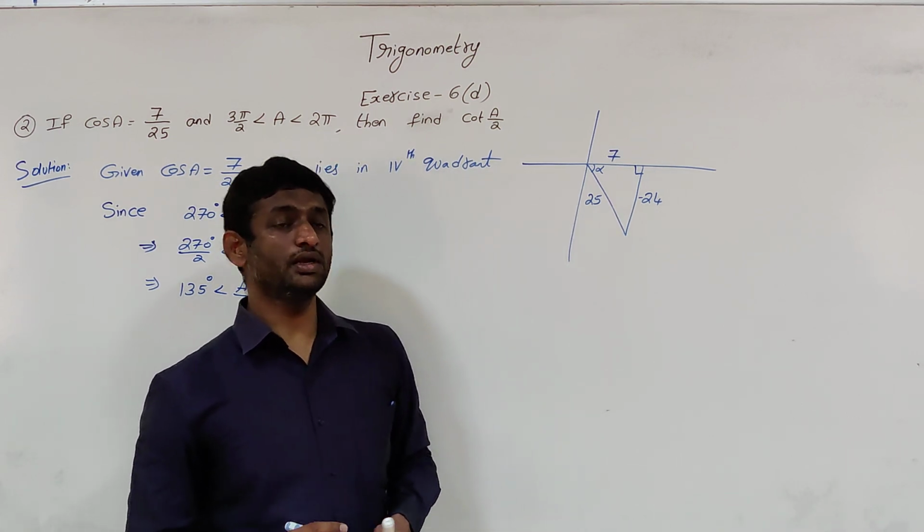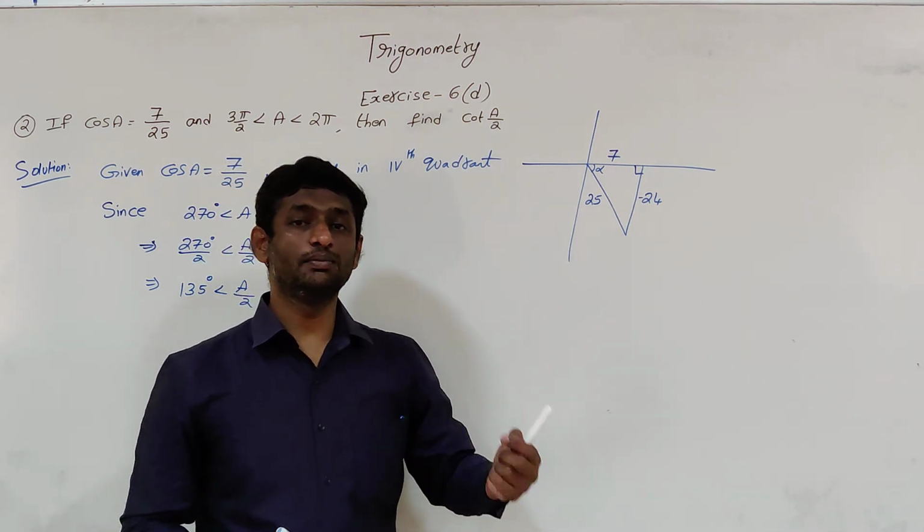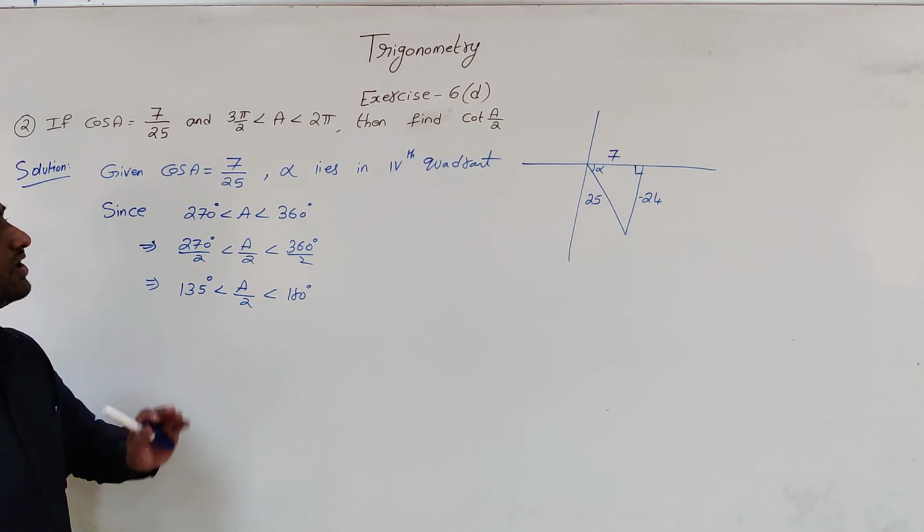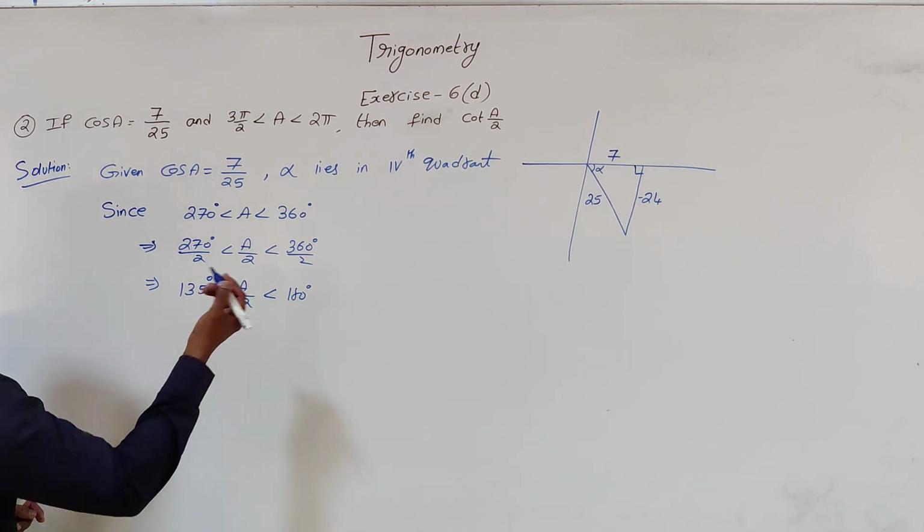In second quadrant, cot of A by 2 will be negative. So that we have concluded that cot of A by 2 is negative value. Now we will see what is the value.